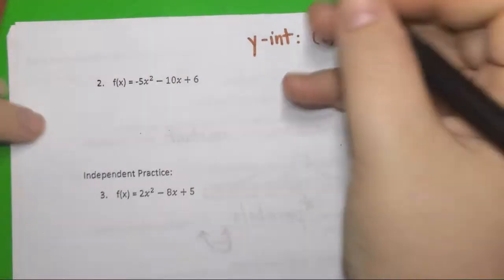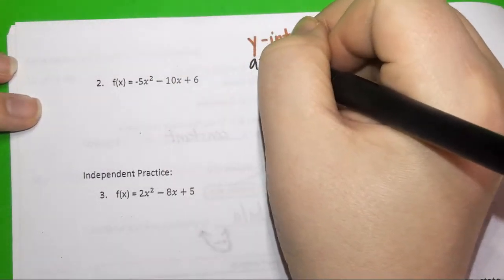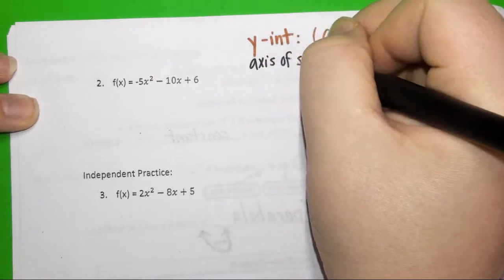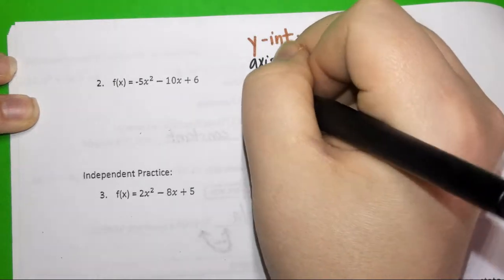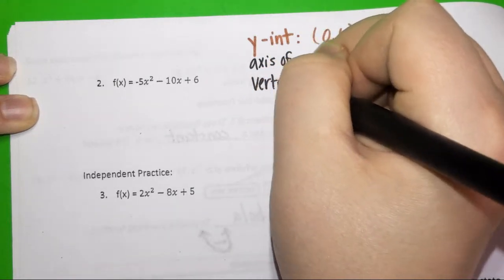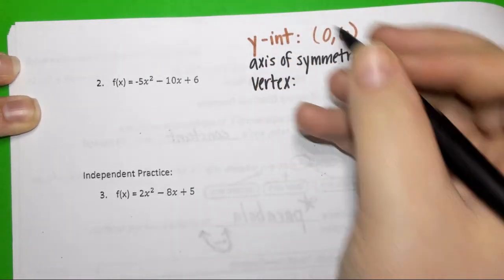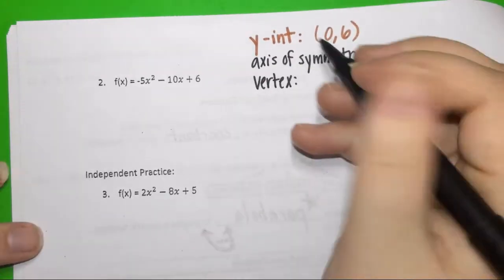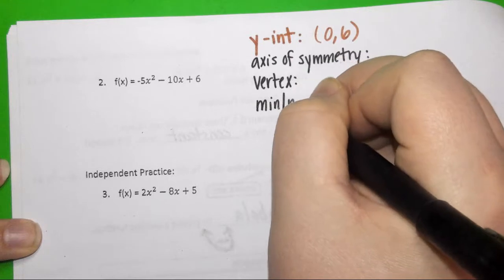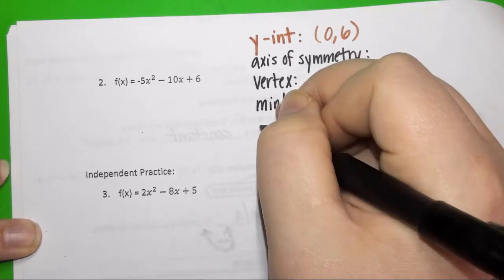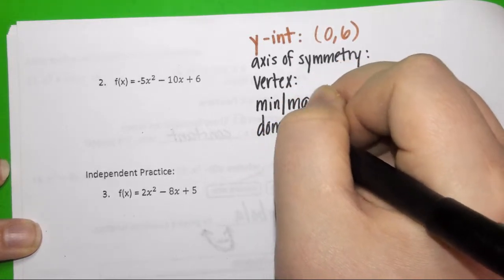But as for that axis of symmetry, and the vertex, and I still got to know the min or max. I've still got to know the domain and range.